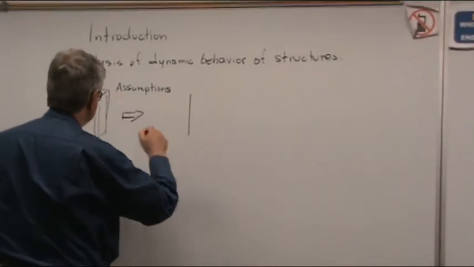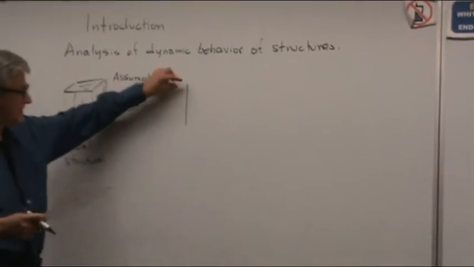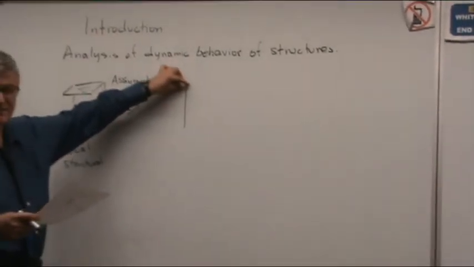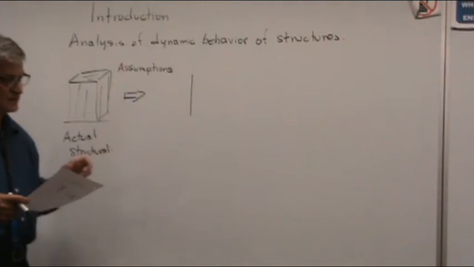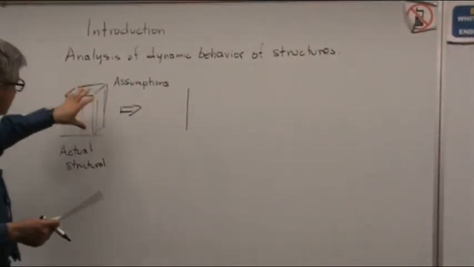For example, you can represent this building with a bunch of, say, concentrated masses, and also beams or springs that connect the masses. That represents the building.